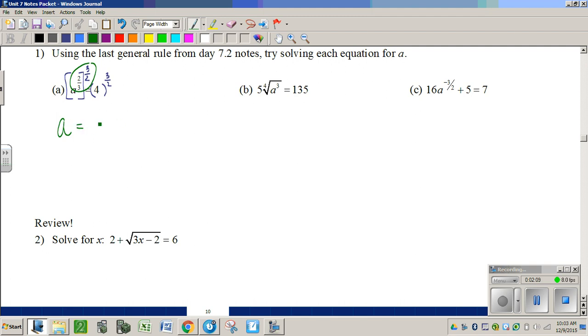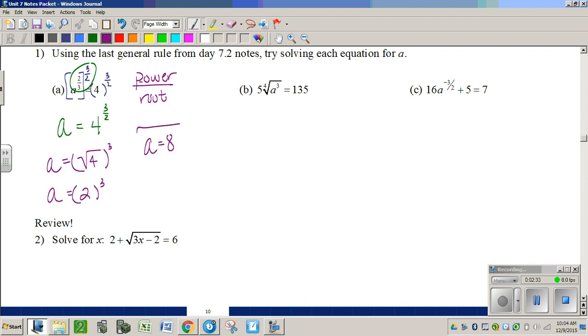No. So this is 4 raised to the 3/2 power. Oh yes, we need our power over root. So this is going to be equal to the square root of 4 cubed. Well, the square root of 4 is 2. So 2 cubed is going to give us 8. So our a value in this case is 8.